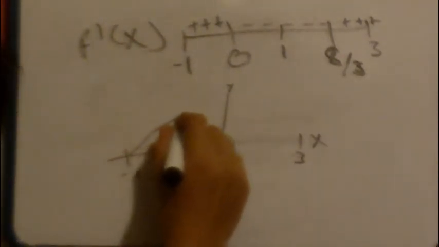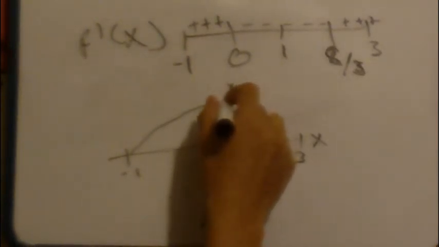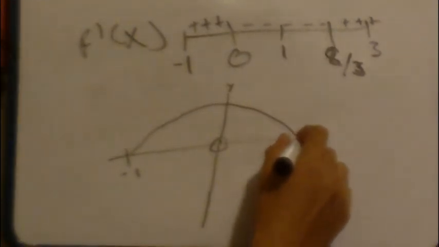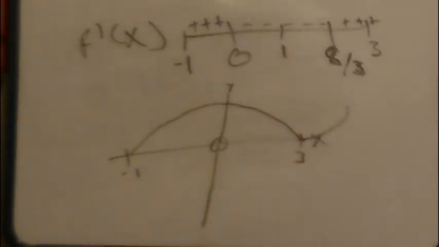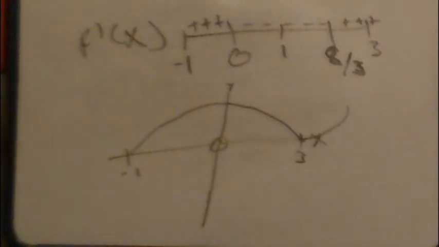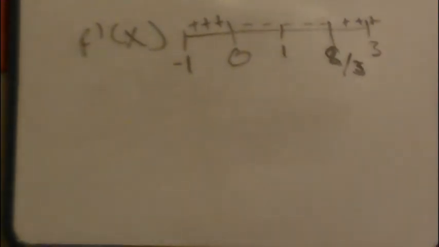And it will look like this. From here it'll be like this. Then from here it'll be like this. And so on. Not exactly, but roughly. Yeah, that's the first derivative test.